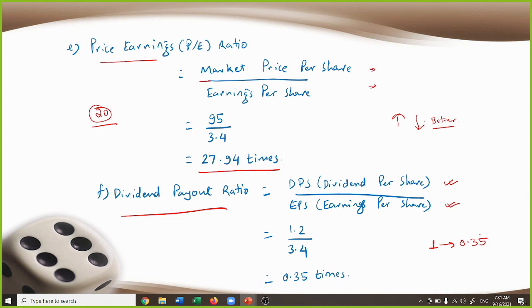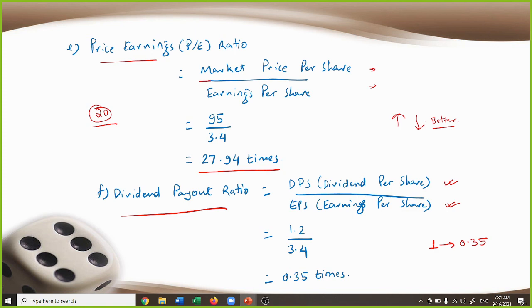That means for 1 rupee of earning, the company is providing 0.35 paisa. For $1 of earning, the company is providing 0.35 cent as dividend. They are paying out 0.35 as dividend.